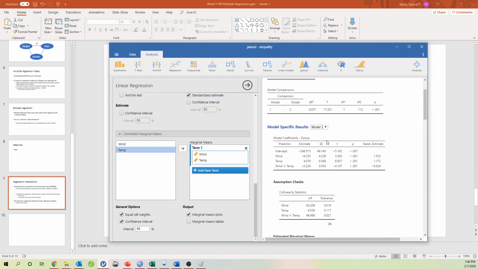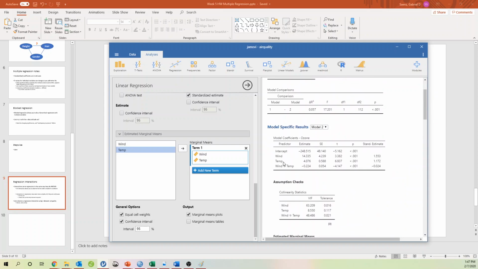How do we read these coefficients? As wind increases, ozone decreases. As temperature increases, ozone decreases. Sorry, as temperature increases, ozone increases. Gosh, I'm making this confusing. Let's try again. As wind increases, ozone increases a lot. As temperature increases, ozone increases a bit.